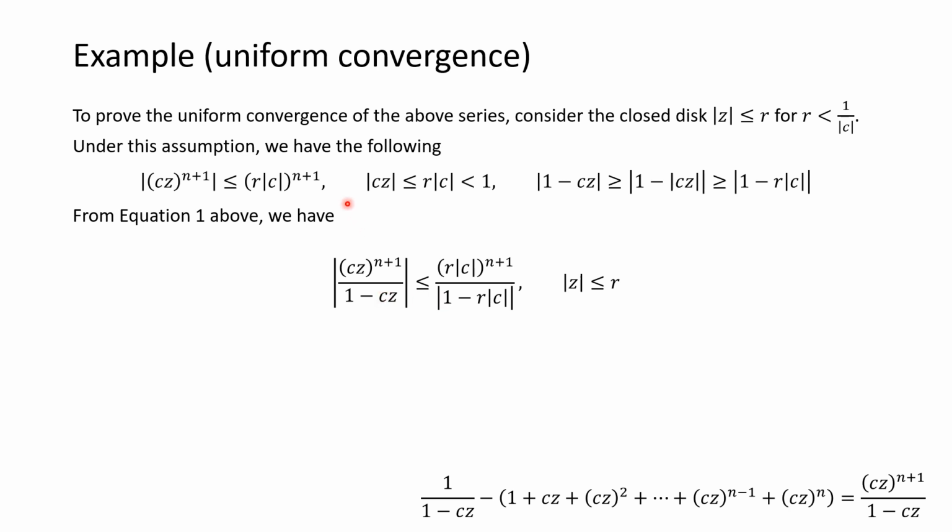So using these three inequalities, we can say that this modulus here is less than this. So let me take one bit at a time. On the top, we're just replacing this with this. So you see that here. Then on the bottom, we're replacing this with this, since we're replacing something with a bigger number here that preserves the less than.